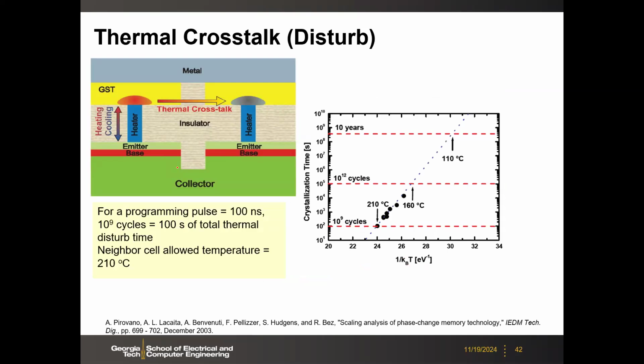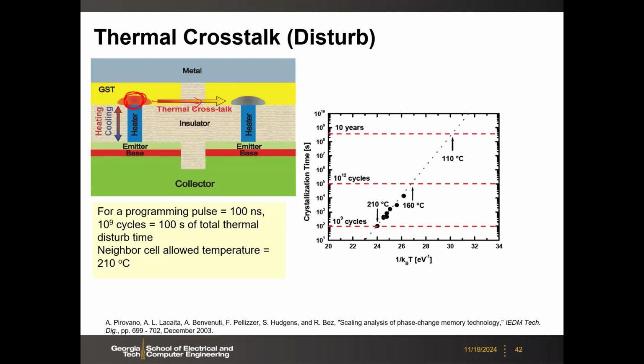So here you see that if you have two adjacent cells, and you are going to program this cell, then you will have some temperature profile there. High temperature, and then you will dissipate the heat.